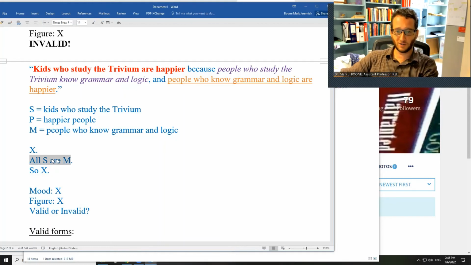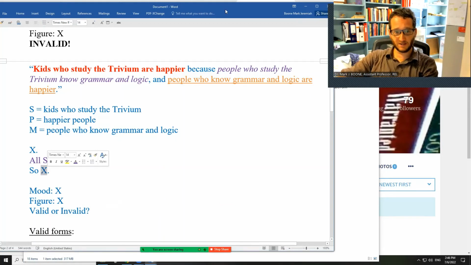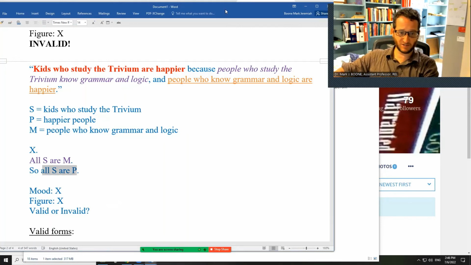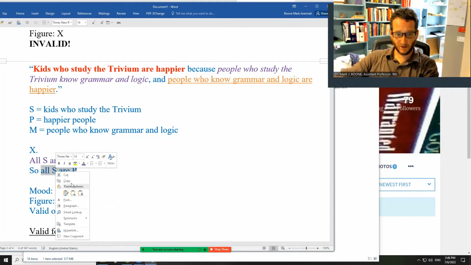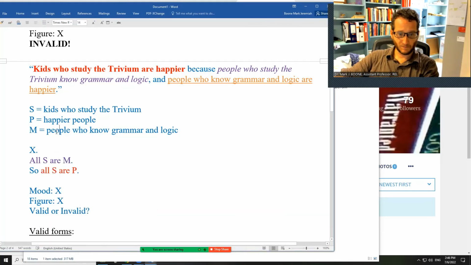Let's keep the color coding going. Now, our conclusion is going to be all S are P, I think. This sure feels like a nice Barbara syllogism. I don't want to jump ahead here, though. Our conclusion is all S are P, all kids who study the trivium are happier people.